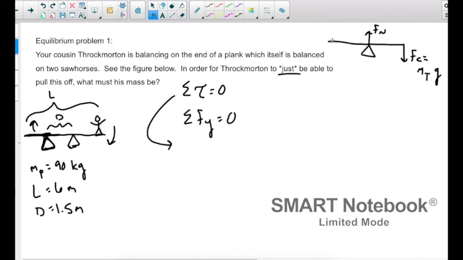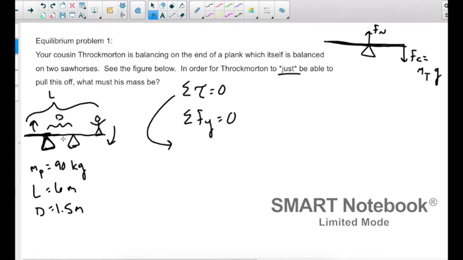And what other force is there? Well, the plank itself has a weight, doesn't it? And where does gravity act to pull down on the plank? Yeah, gravity is always going to act on a thing as if all the gravitational force is on the center of mass. That is the simplest way of thinking about it. So where's the center of mass of this plank? The center of mass of the plank is going to be right here in the middle, isn't it?